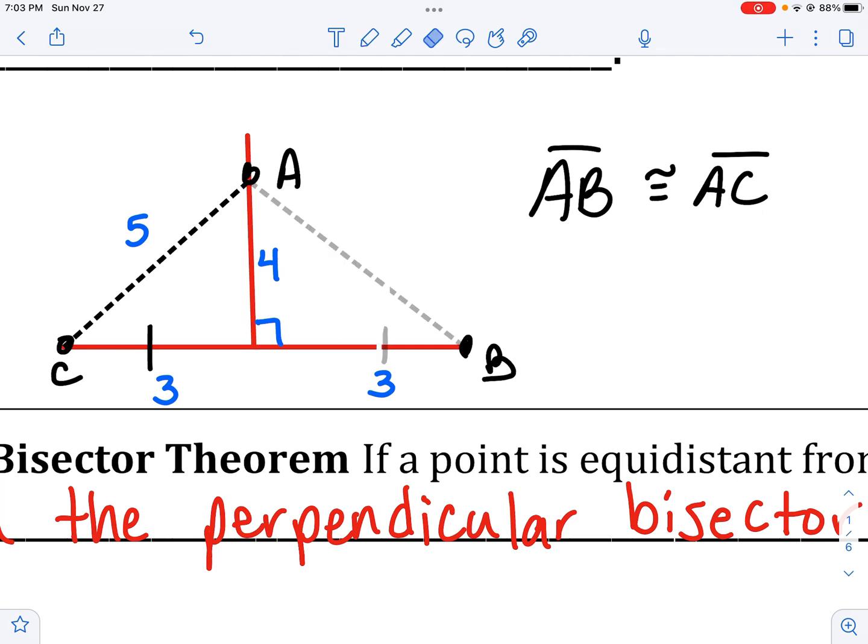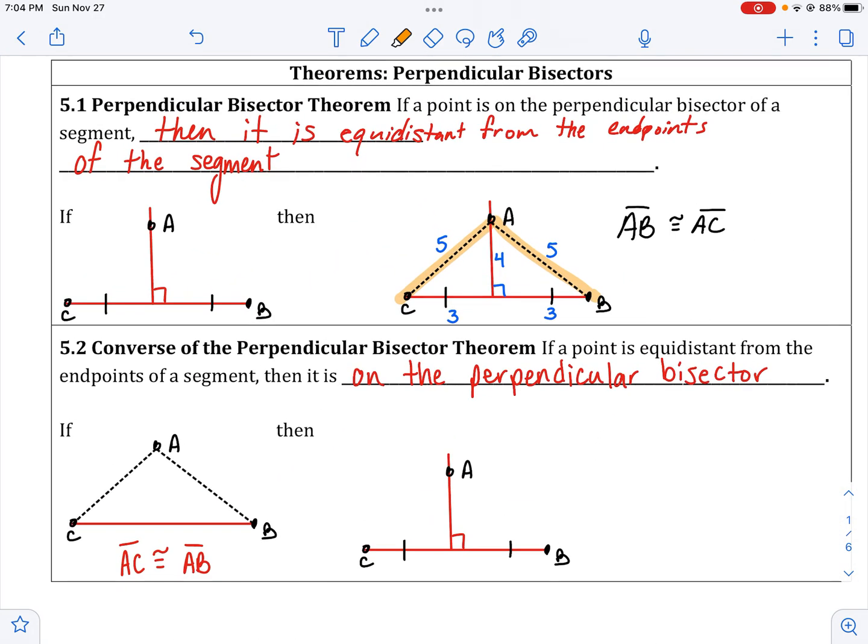And similarly, if I had a right triangle that was 3, 4, 5 on the other side, I know that the hypotenuse must be 5 units long. So I've got 3, 4, 5, and 3, 4, 5, which means that AC has to be congruent to AB, or AB is congruent to AC.